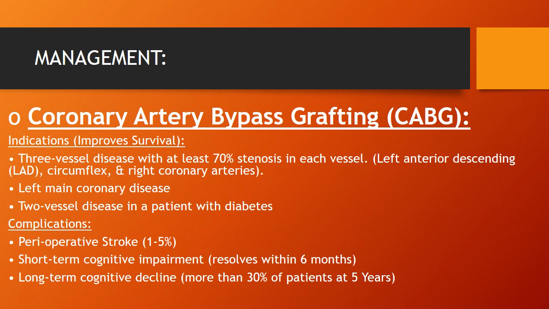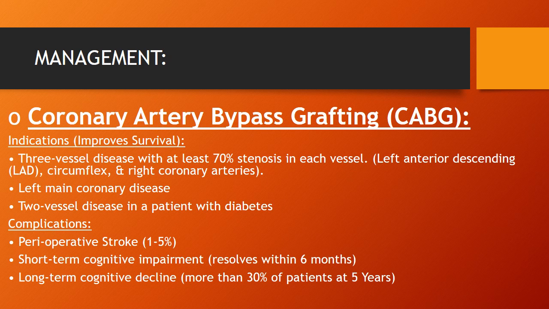The indications for CABG are 3 vessel disease with at least 70% stenosis in each vessel, including the left anterior descending, circumflex and right coronary arteries. The involvement of the left main coronary artery. 2 vessel disease in a patient with diabetes.